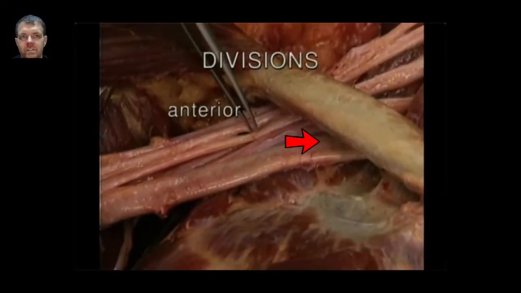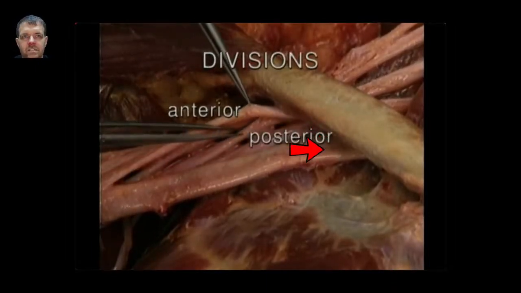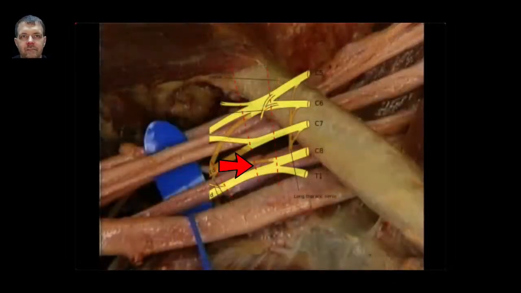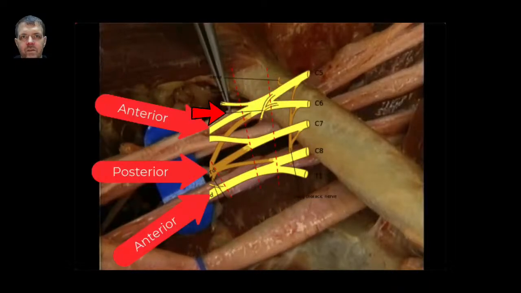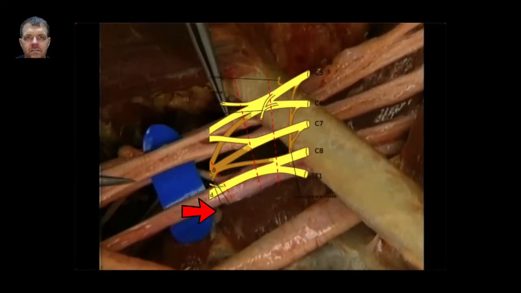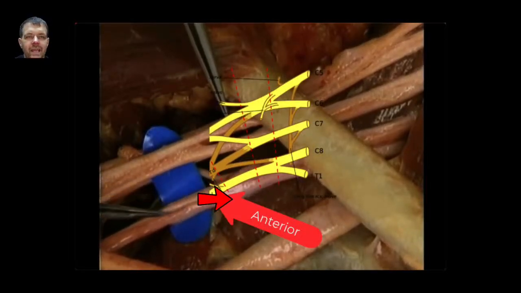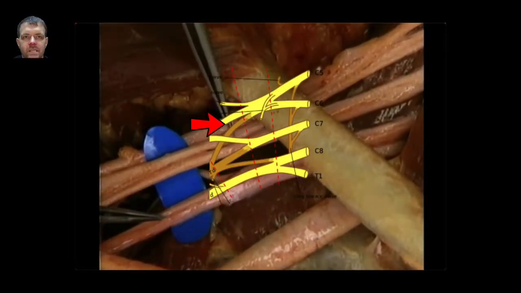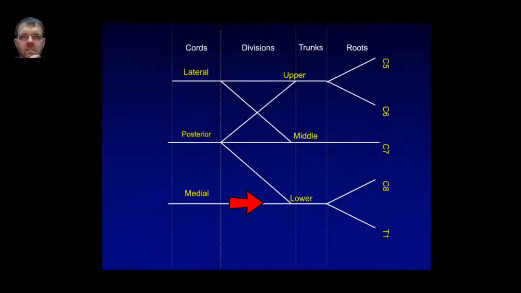So there's your divisions where things are starting to join. There we go. And then we've got anterior, posterior, and anterior there, posterior and medial. That's good. So those are your cords.